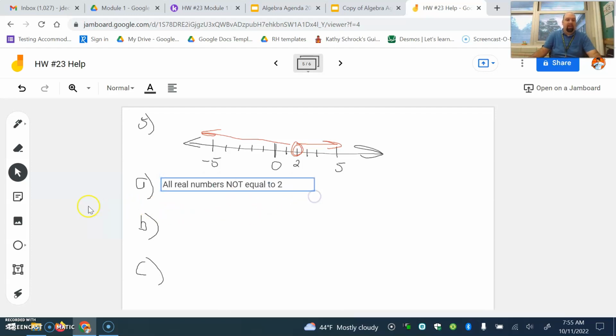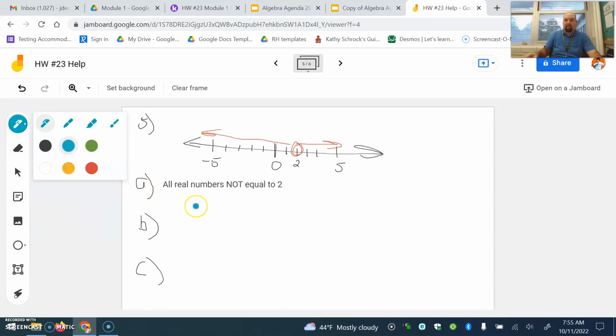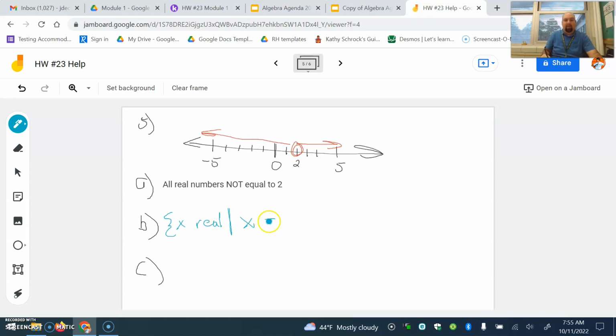And then we'll do our curly bracket set. This time, again, I guess I'll stick with X. Real, so we're talking about all real numbers. Barrier. And watch this, inequality: an equal sign with a slash through it.